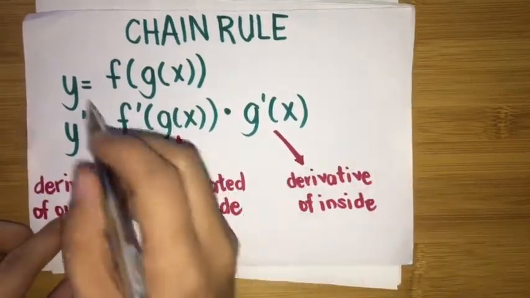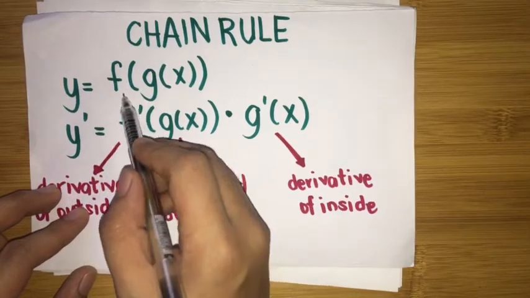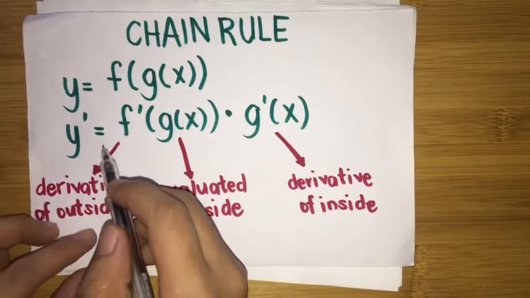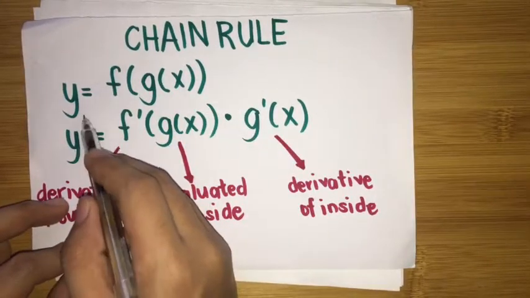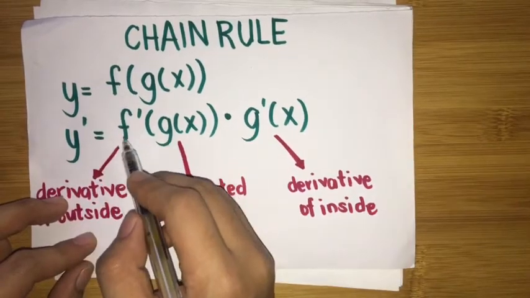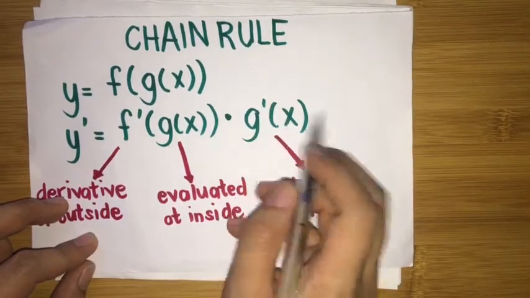So, for example, we have y is equal to a composite function f of g of x. Then, using the chain rule, the derivative y prime is equal to f prime of g of x times g prime of x.